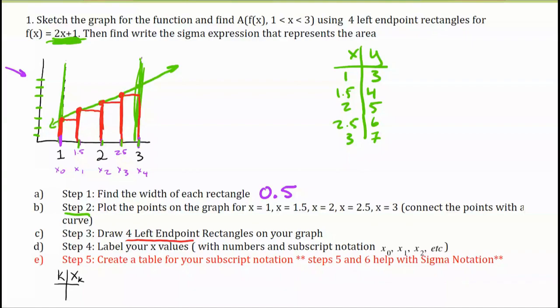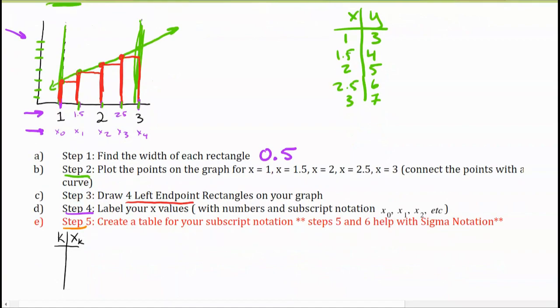Okay, label your x values with numbers and subscript notation. I have actually already done that here in purple, for the first one, to give you an example of what it looks like. Here are my x sub numbers, my subscript notation, and here are all my x values. The reason that's helpful is that step 5, which we'll do in orange, is to create a table for your subscript notation.